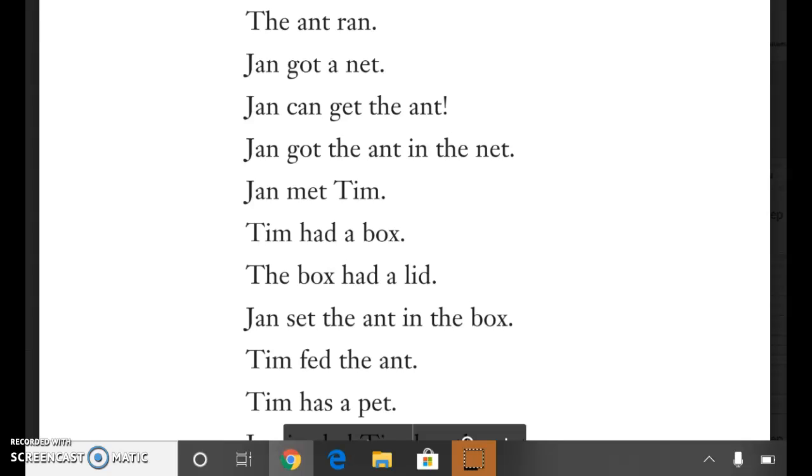So what did she try to do? Jan tried to get the ant in the net. And was she successful? Yes, she was successful. It said she can get the ant in the net. So yes, she did do it.